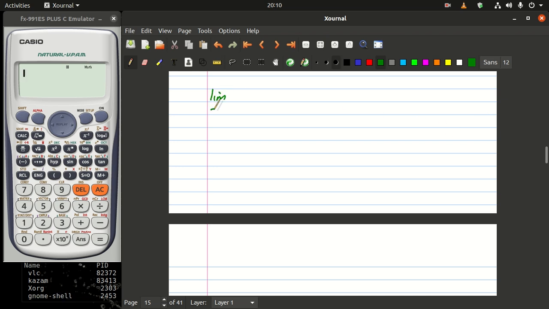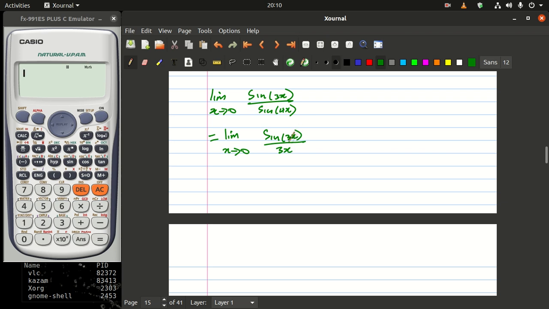Another limit will be: evaluate the limit as x approaches 0 of sine of 3x divided by sine of 4x. I don't know how to deal with sine of 3x and sine of 4x, but I do know how to deal with the limit as x approaches 0 of sine of 3x divided by 3x.